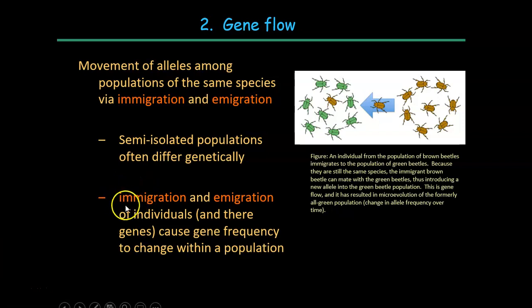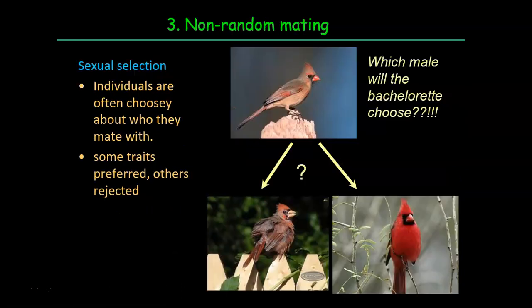By the way, my little mnemonic device for this, and I think I shared this earlier, is that immigration with an I means individuals coming into a population. Emigration with an E means individuals exiting a population. Okay, so this is one way that can get gene frequency to change, and therefore it's microevolution.